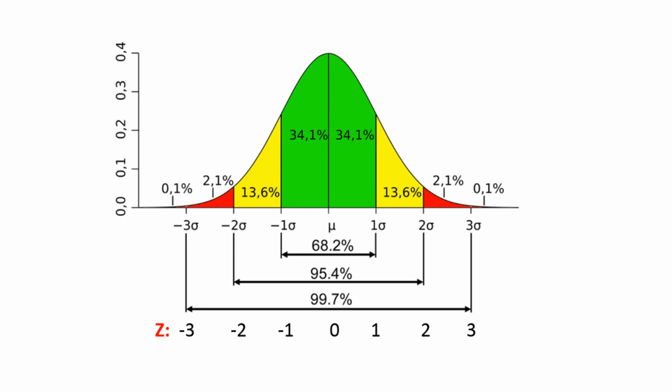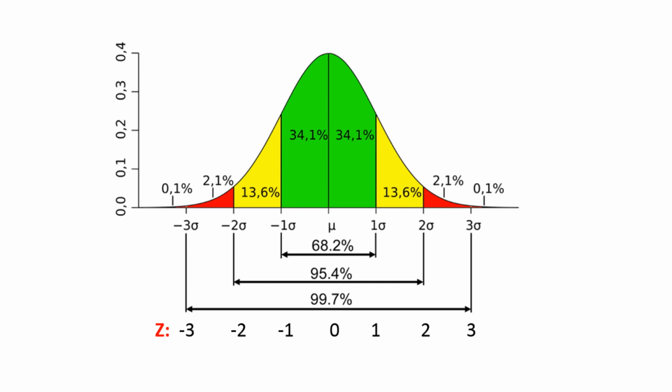If we have a normal distribution, we know that 50% of the data falls below the mean and 50% of the data falls above the mean. So based on this property, we can divide the whole normal distribution into different parts.